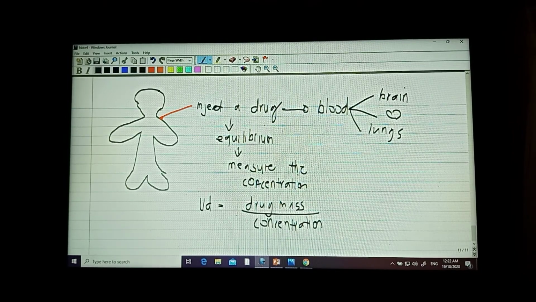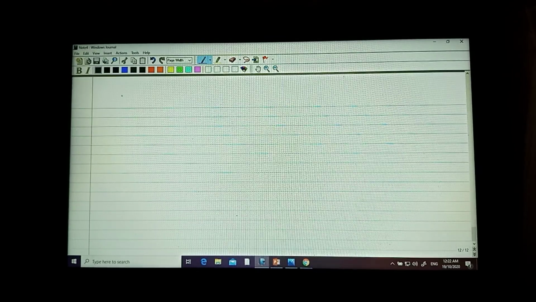So, the concentration of blood actually changes. So, in our example, your estimated volume of distribution is 20 milligram. Yun sa example natin kanina. In our example, we have 20 milligram per liter.